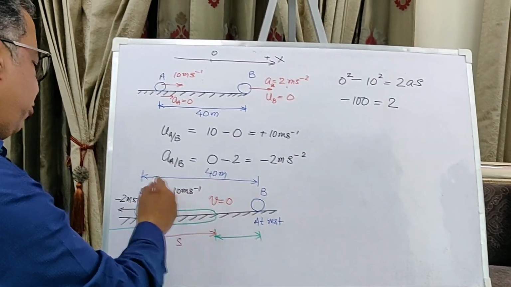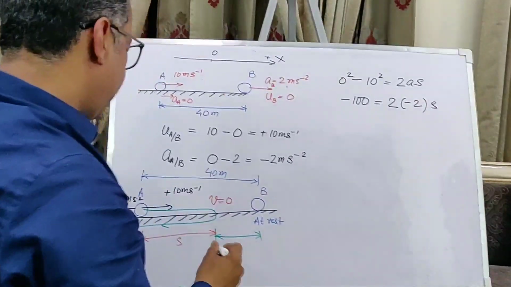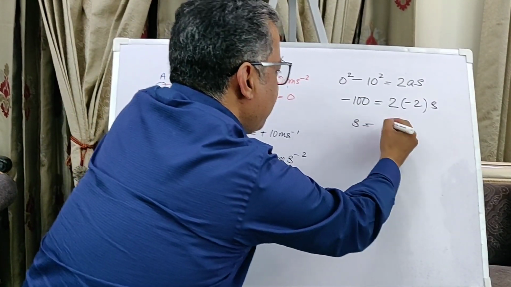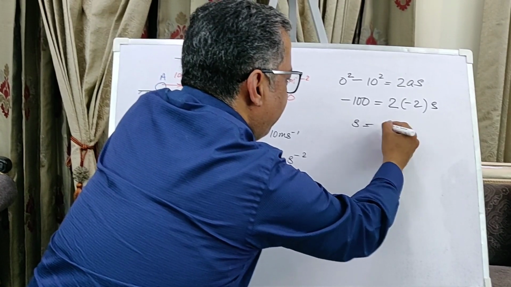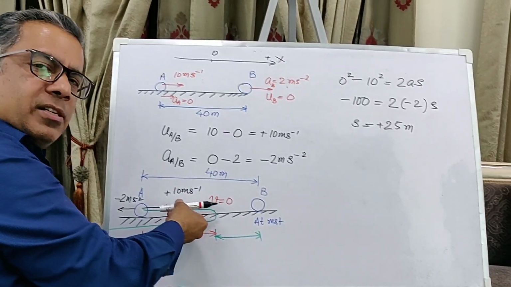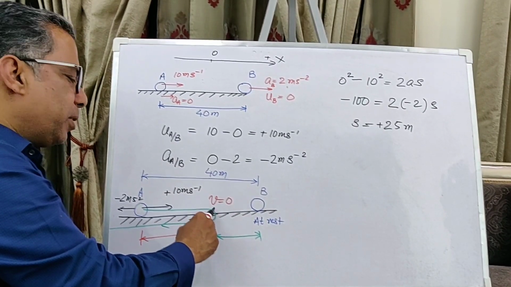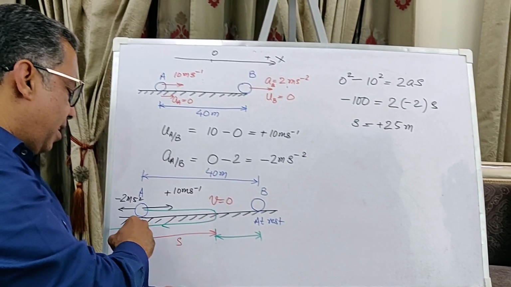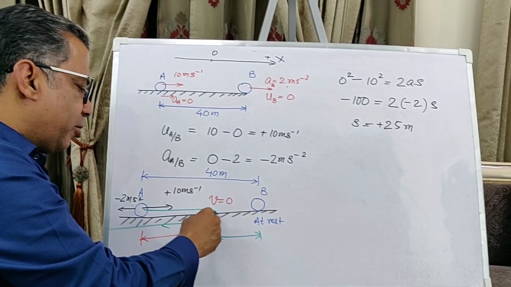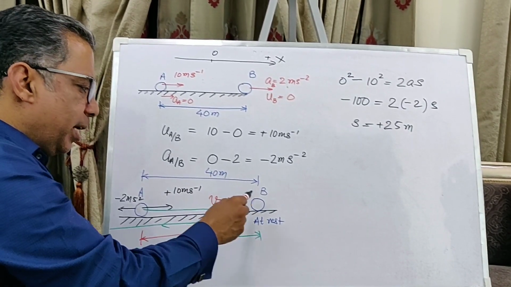Acceleration of A with respect to B was minus 2, and we now calculate s, the displacement over here. This displacement s now comes out to be 25 meter. So that means this displacement s is in the positive direction. So A travels 25 meter and then stops and reverses direction and moves further away. So after moving 25 meter, it stops, reverses, moves away, and at this instant when it stops, it is closest to B.